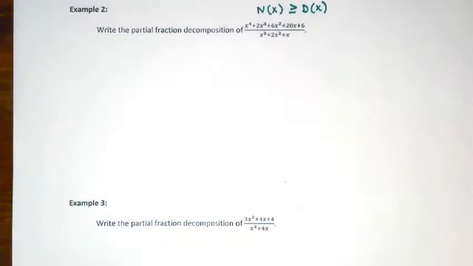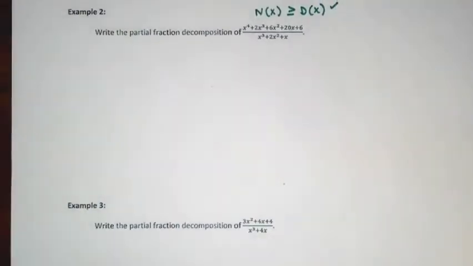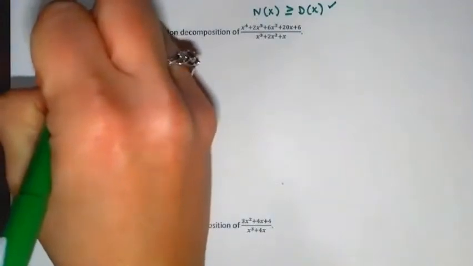Yeah, divide. Right. And in this case, is the degree of my numerator greater than the degree of my denominator? Yes, it is. Whereas the first one was not. That's why we moved on to the next one where we factored. So since this satisfies this, we're going to do long division.